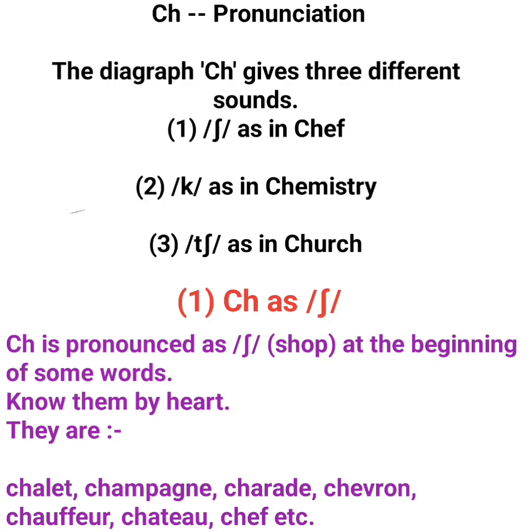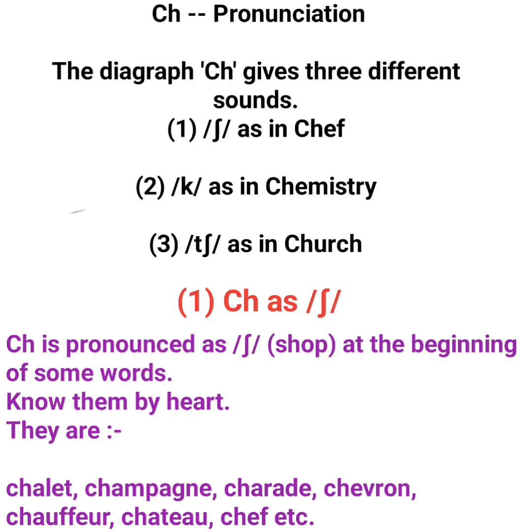You have to note them by heart, because basically CH commonly gives the K sound or ch sound, like we have in chemistry, church, chairman, Champions League, and so on. But this time around, CH gives the SH sound. That one is not really that common, and they usually ask about this as well.